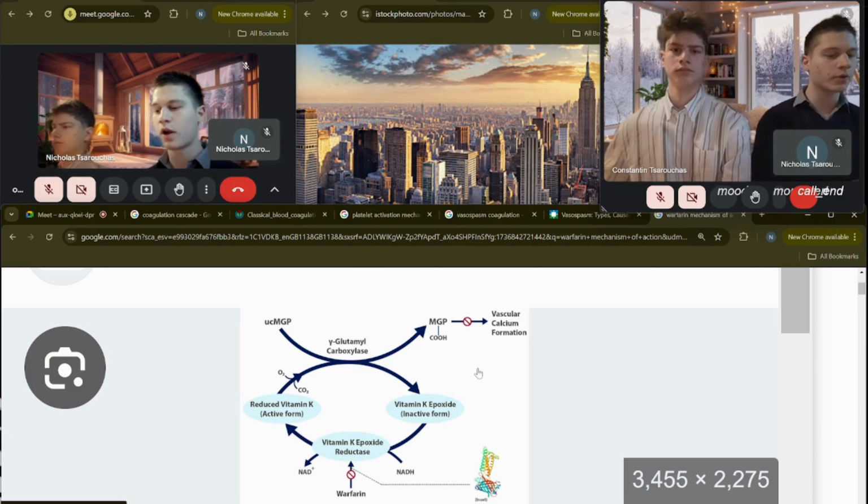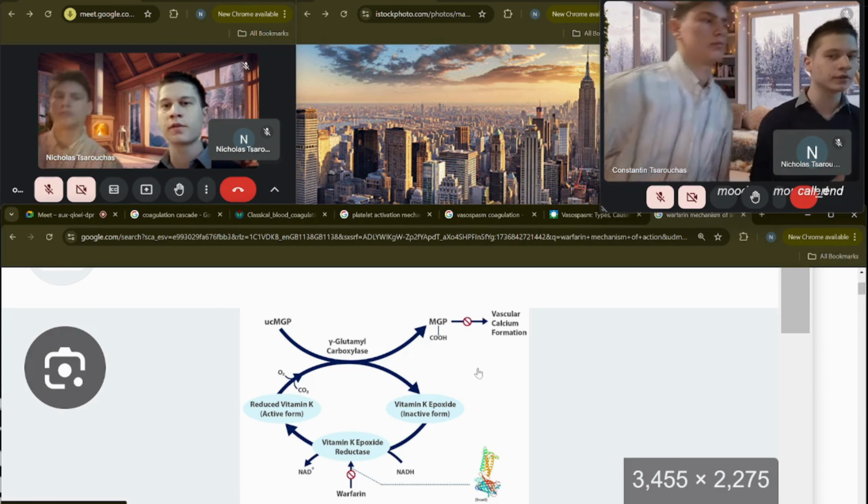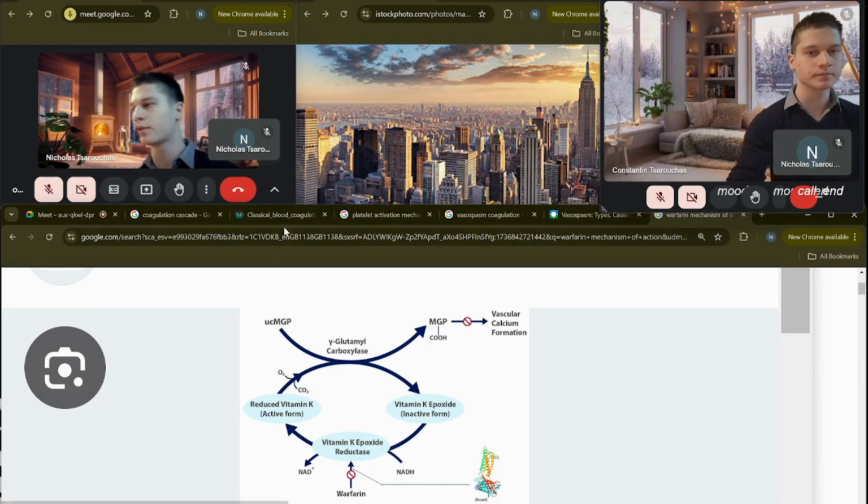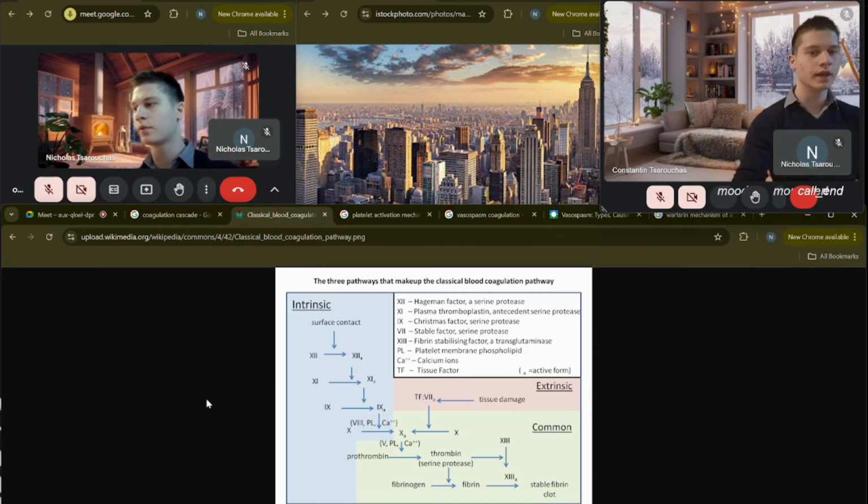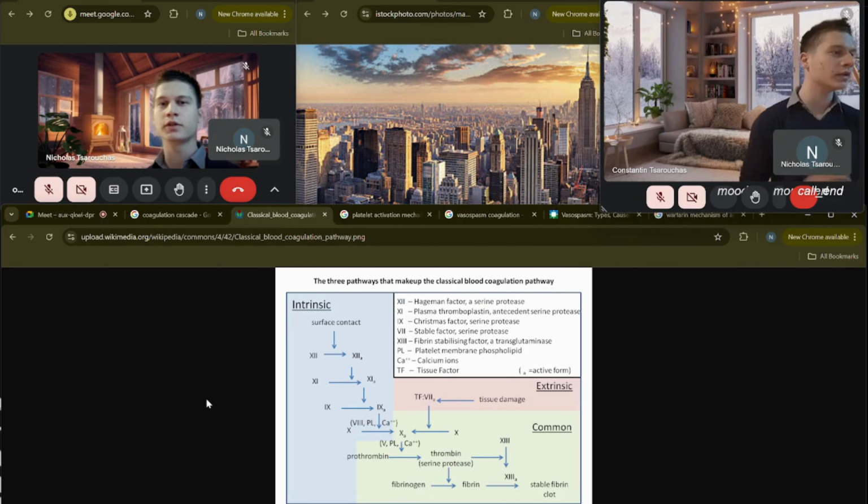A hypercoagulable state can refer to genetics, so if you have mutations in your different clotting factors, for example, hemophilia A is in clotting factor 8, and hemophilia B would be in clotting factor 9.